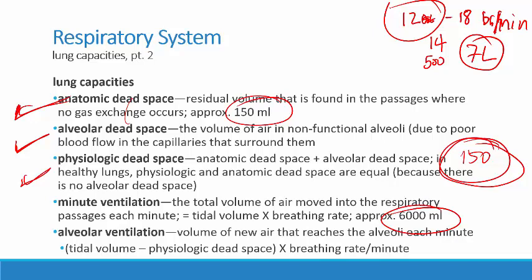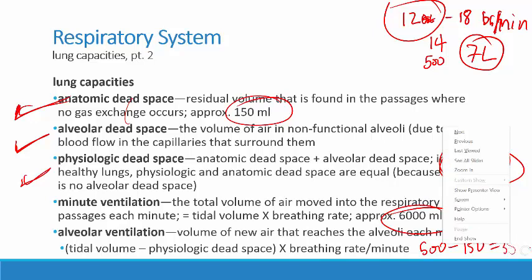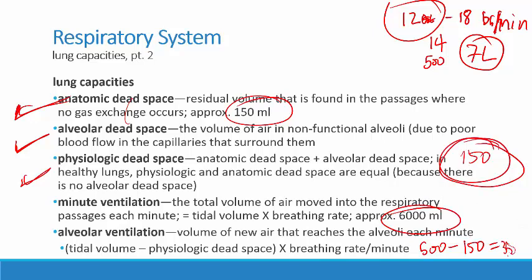So that's alveolar ventilation: tidal volume minus physiologic dead space times breathing rate. So tidal volume is 500, and the physiologic dead space is maybe 150. Then we're looking at 350 as the alveolar ventilation if we multiply that by 12 breaths or 14 breaths per minute, depending on whatever the right number is.